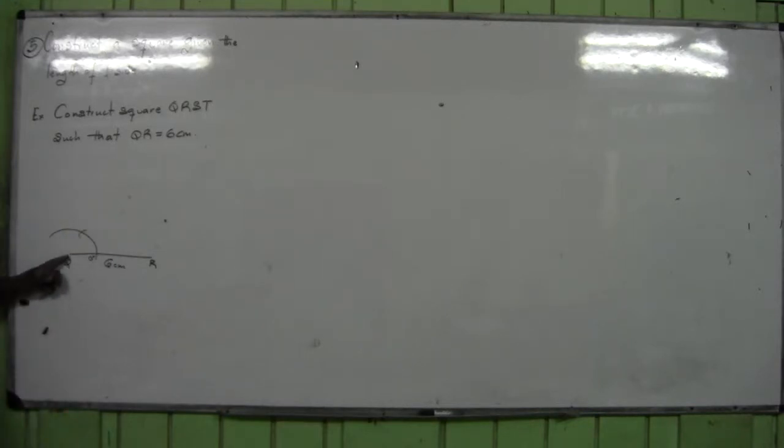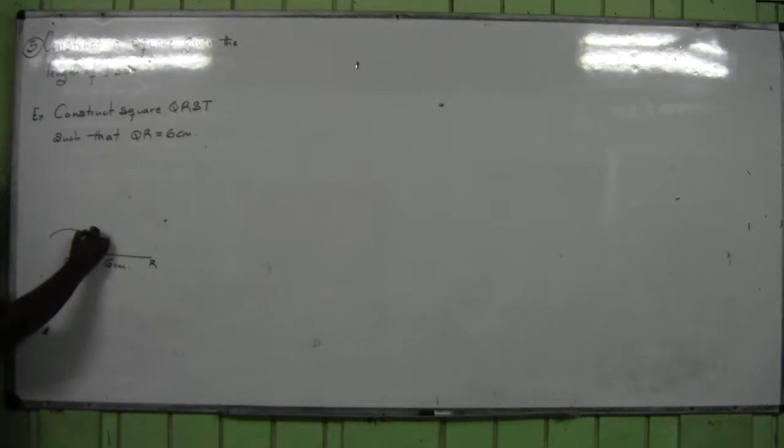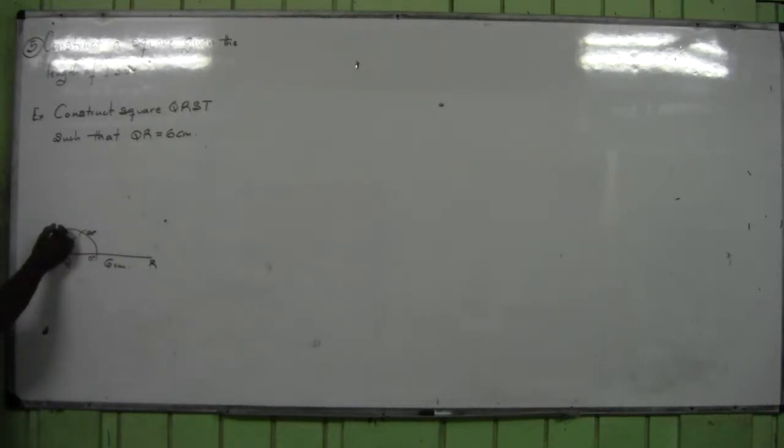A line from Q through here will give me 60 degrees. I move the metal tip up from 0, put it at 60 degrees, and I scribe an arc. A line from Q through here would give me 120 degrees.